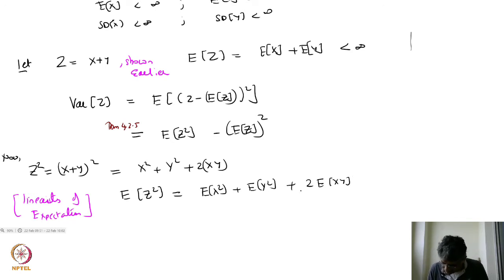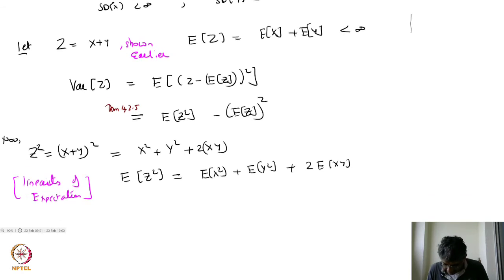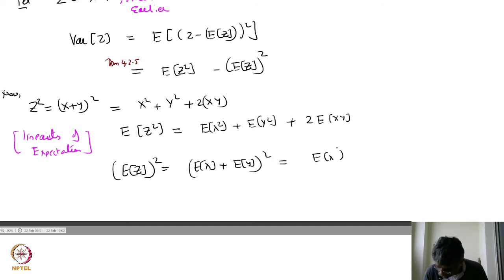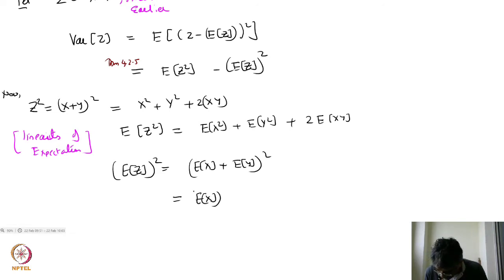So now everything is sort of adding up in some form. And then E of z the whole square, that is just algebra. E of z the whole square is going to be E of x plus E of y the whole square, which is just E of x the whole square plus E of y the whole square plus 2 times E of x times E of y.